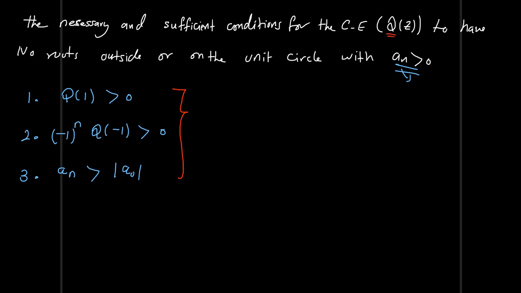So if any of those conditions is violated, I don't need to go and build the Jury table if I only need to state the stability of the system.